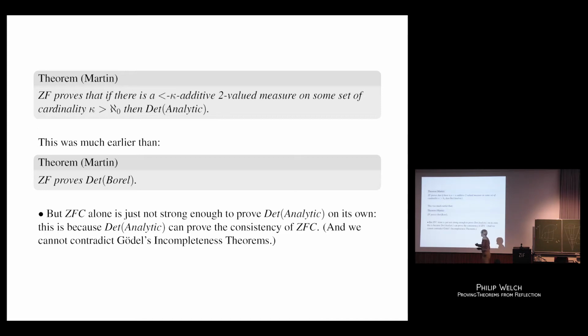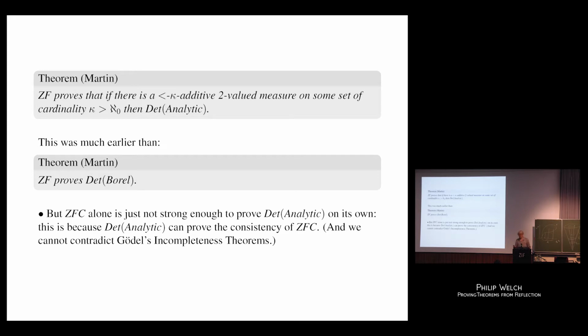We can show that this is the case because from the assumption of analytic determinacy, you can prove the existence in L, in Gödel's universe, of strongly inaccessible cardinals and things like that. So you can prove there are models of ZFC. So determinacy of analytic sets can prove the consistency of ZFC, and we know we can't prove analytic determinacy just from ZFC alone.